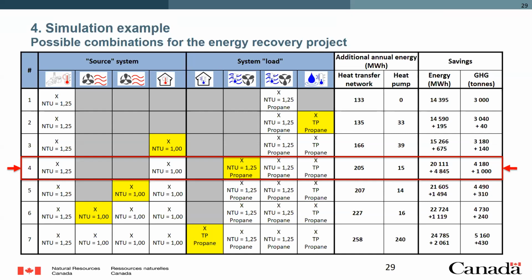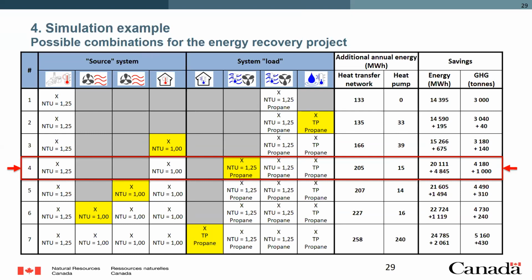So our first example that we introduced, which simulated the heat exchange between the plant and one of the 2 fresh air systems, had a total projected energy savings of 14,000 megawatt hours for the year.